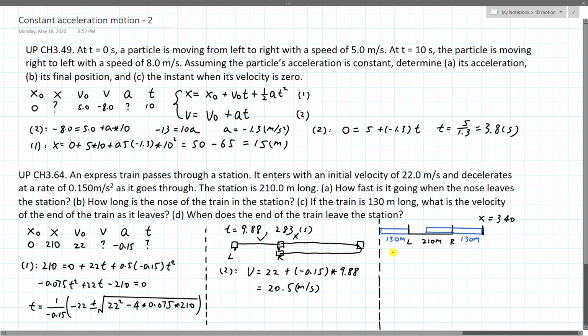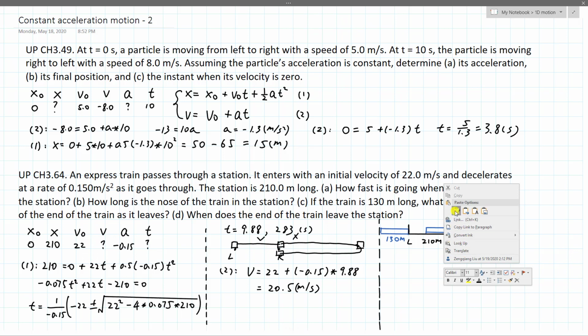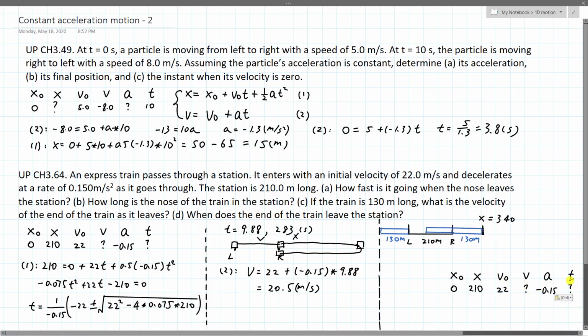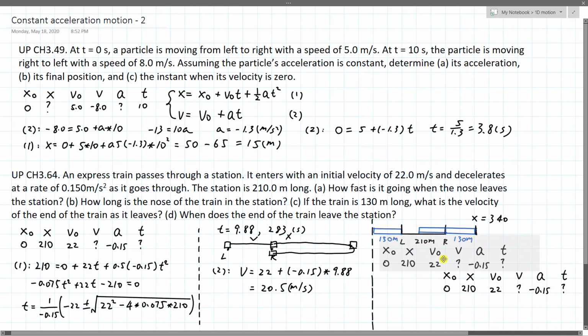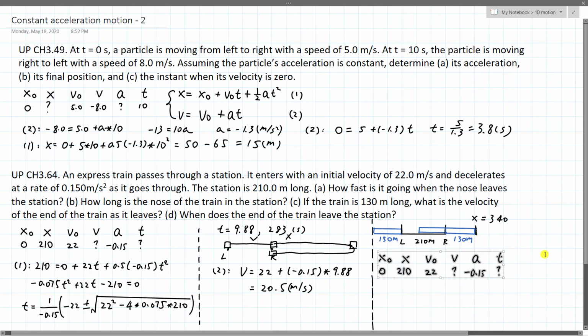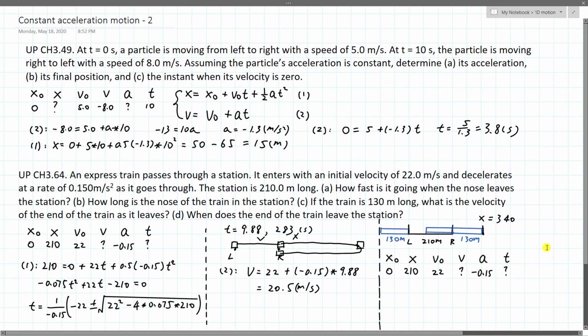So let's copy this and just paste it here. Okay, so we have this, and we just erase this number and replace it with 340 when the end of the train has cleared the right side of the station.